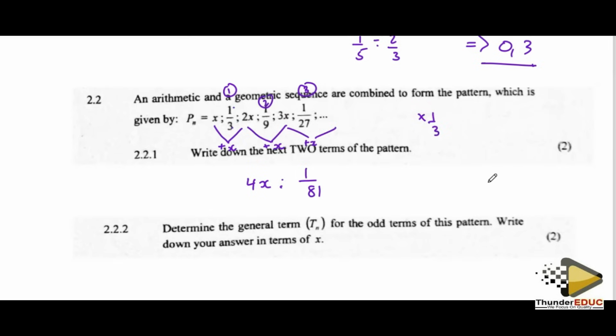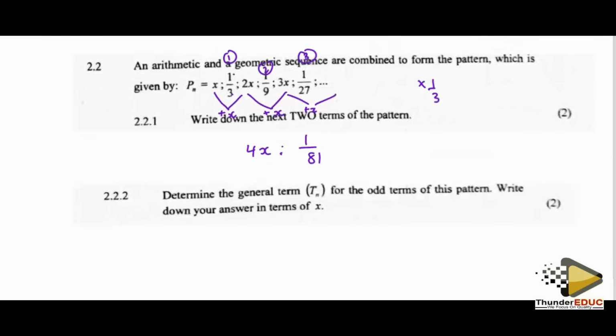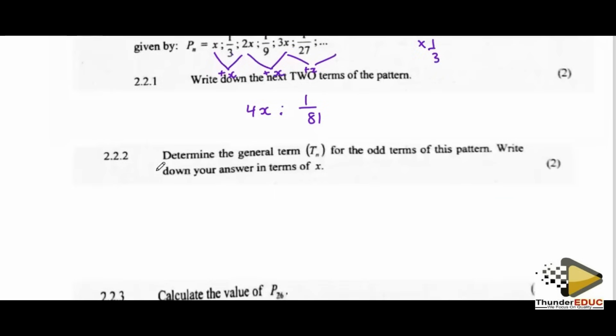Alright. Then 2.2.2. You want the general term for the odd terms. So we know that odd numbers are 1, 3, 5, and so on. Those are the odd numbers, which means we want the general term of the arithmetic. We know that Tn is given as a plus n minus 1 into d.